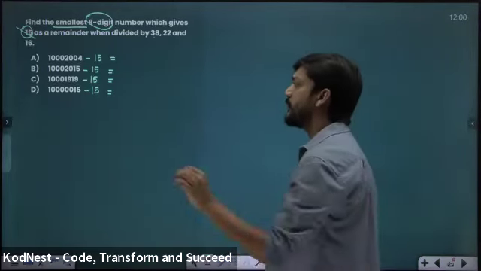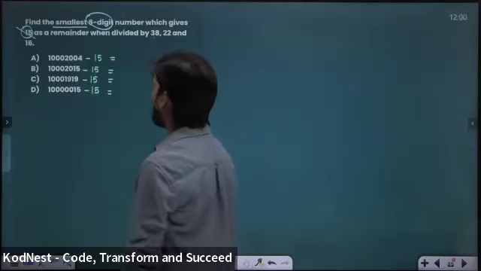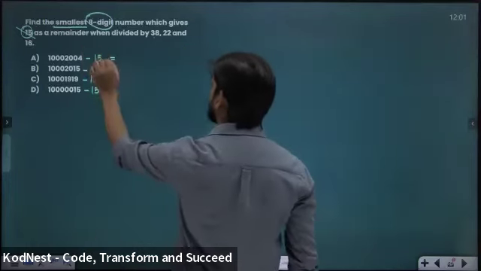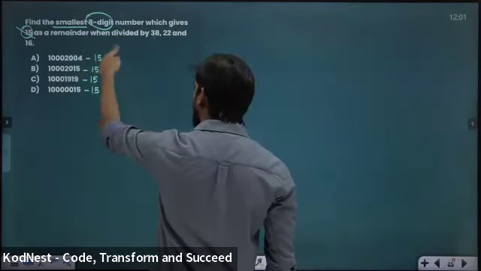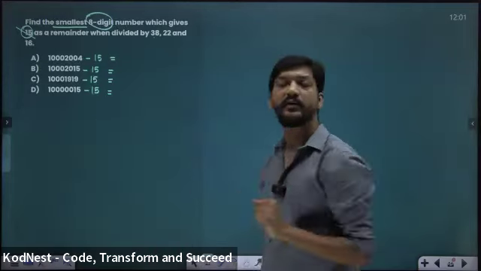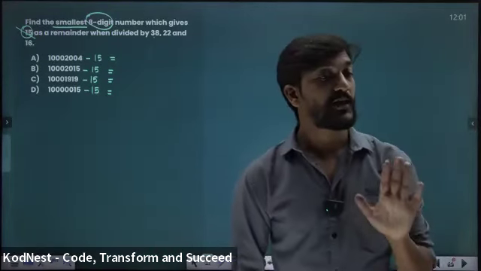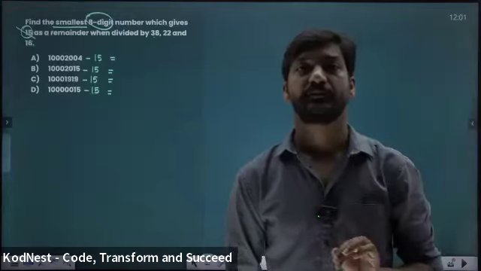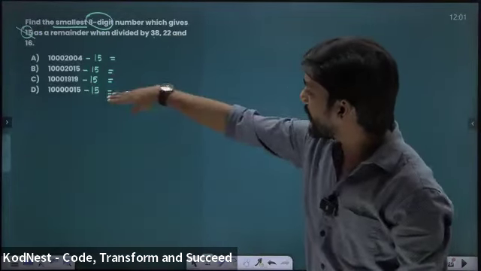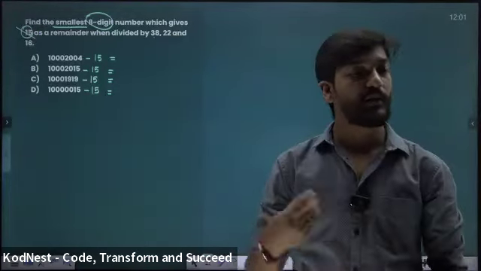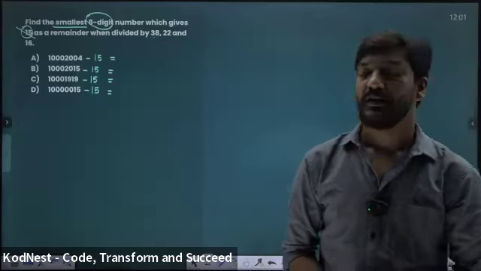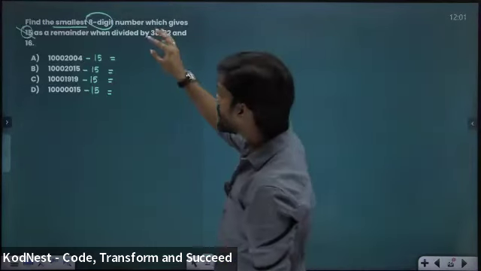Okay. Just one thing I'm asking you. After doing this, what is the remainder now? 0. The remainder was 15. Now it is 0, because I have removed it. Why did I remove it? Because the remainder should be 0.